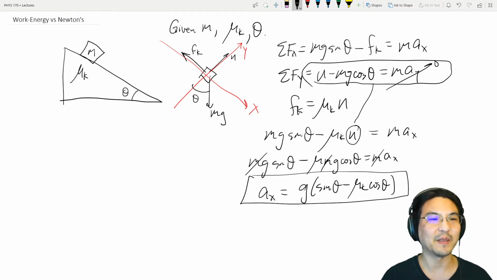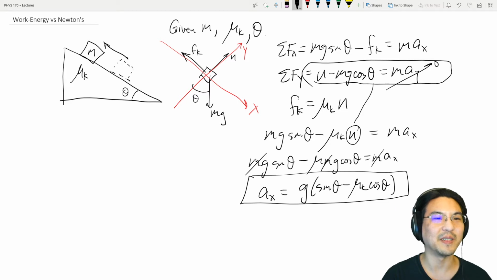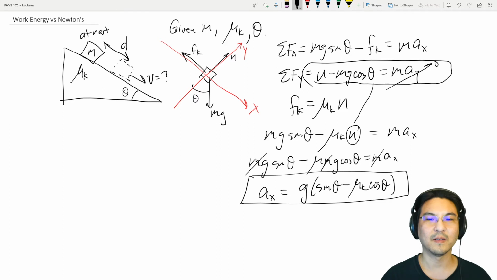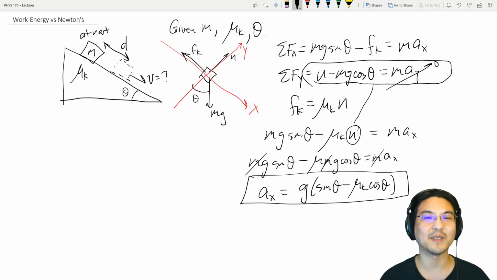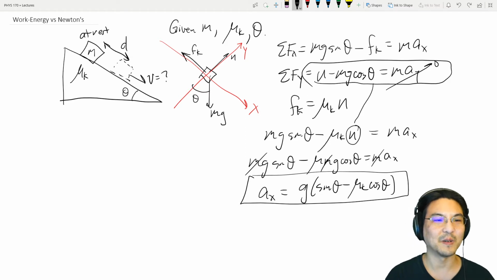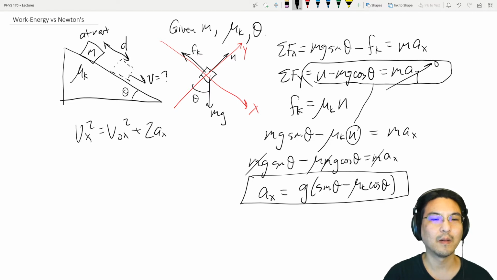Now let's say the block slides this far, some distance d. Let's say it starts at rest, and it slides some distance d. How fast is it going here? Right, so look, the acceleration is constant, so we can use kinematics for constant acceleration. Which one of the formulas looks something like this, where this displacement delta x is here?